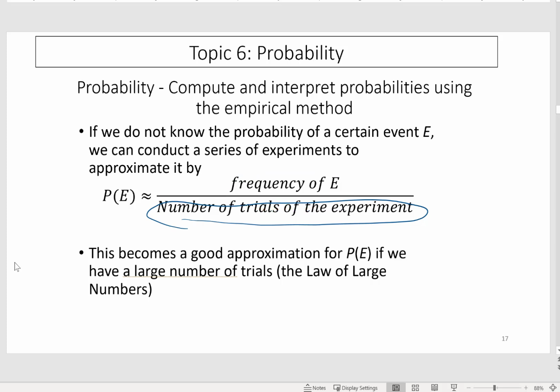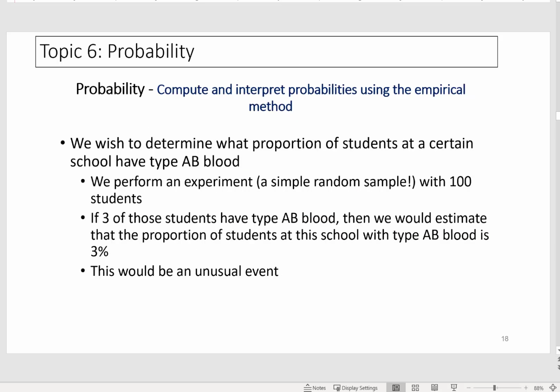That ratio of favorable cases, the frequency of E, to the whole number of cases that would be possible, the number of trials, will become a good approximation for the probability of event E if we have a large number of trials. It's that idea of the law of large numbers. So how do we do this? Let's look at an example. We want to determine what proportion of students at a certain school have type AB blood.